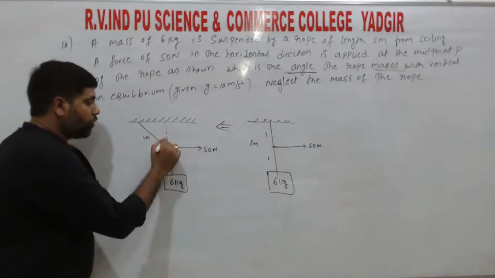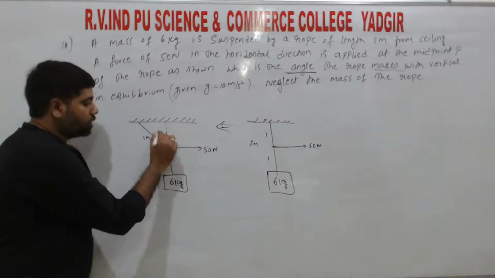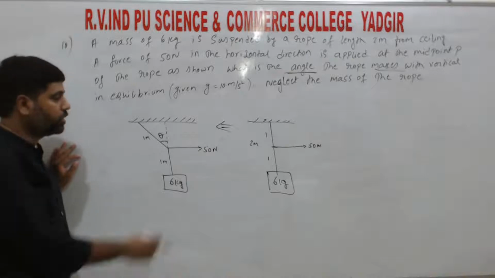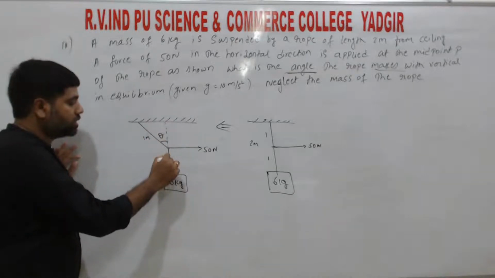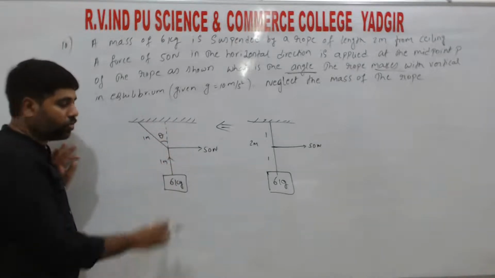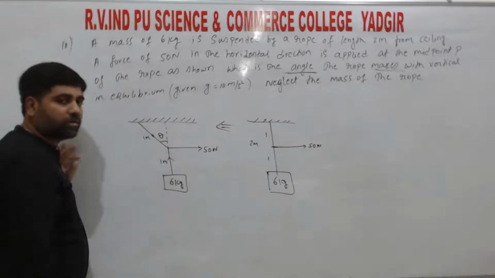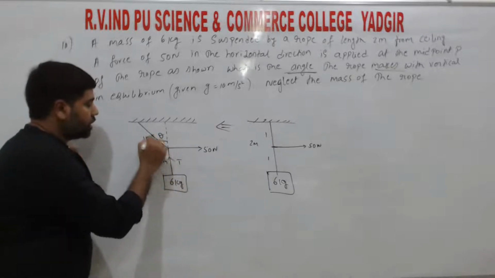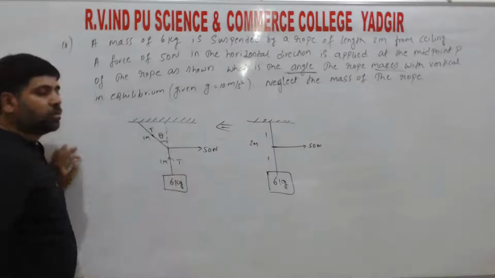So here we need to find the angle formed with the vertical, that is theta. Tension in the string is T. So find out what angle is formed between the string and the vertical.